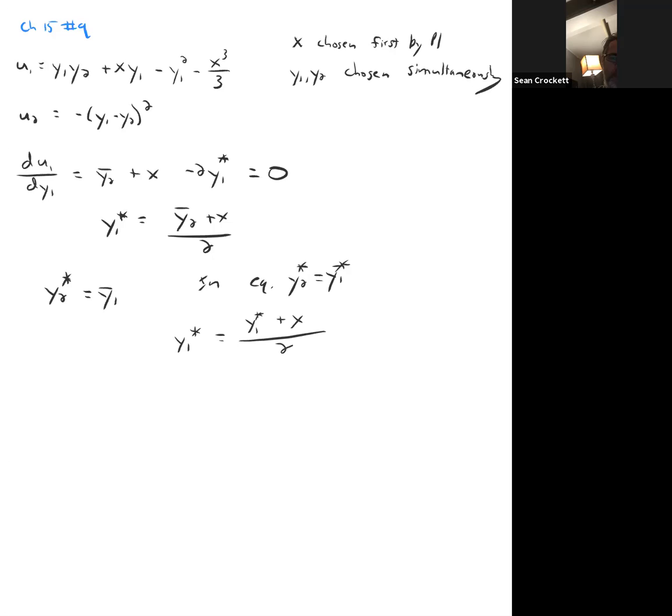And so 2y1 star equals y1 star plus x. And so y1 star equals x. Okay? So that must be true in equilibrium.